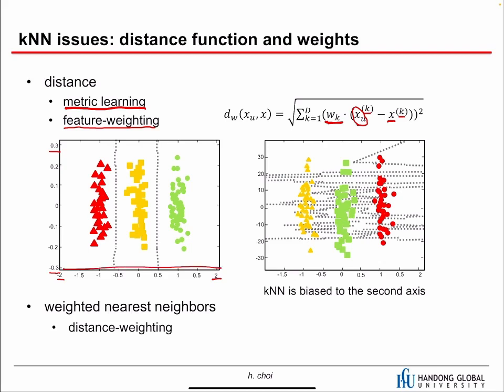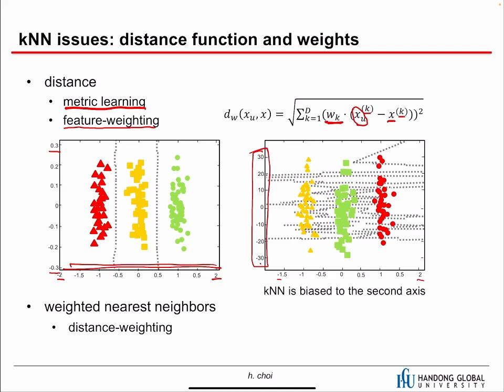In that case, if we use simple Euclidean distance, then KNN works perfectly, because this one is the dominant axis when we calculate the distance. But what if this one is dominant? This one goes from minus 30 to 30, and this one goes from minus 1.5 to 2.